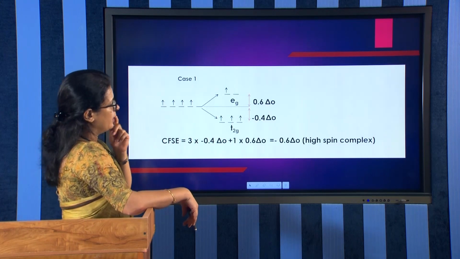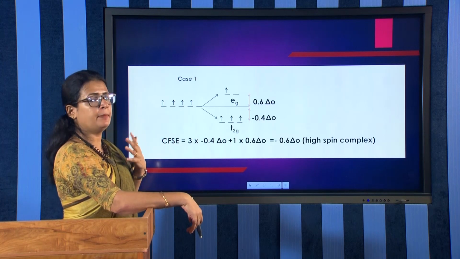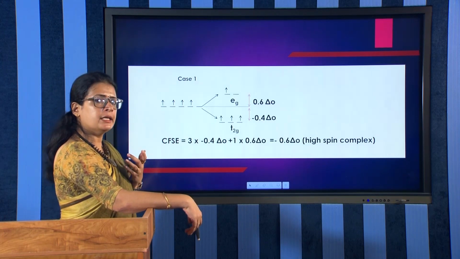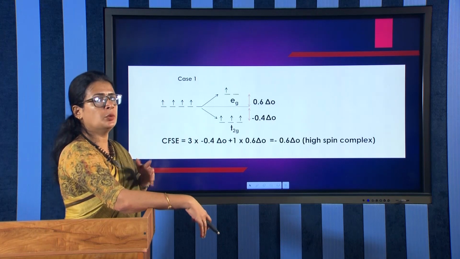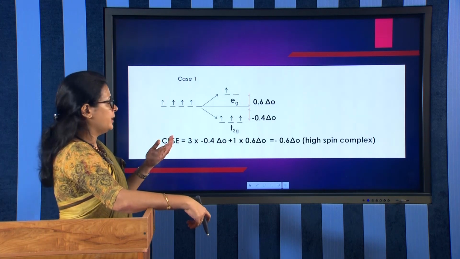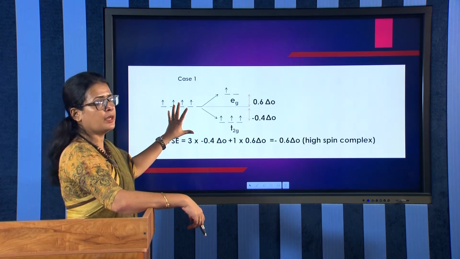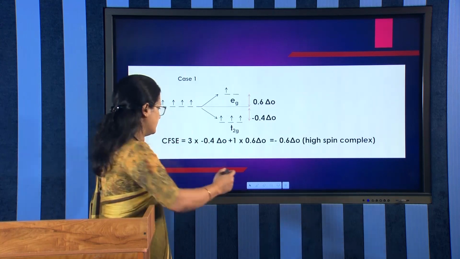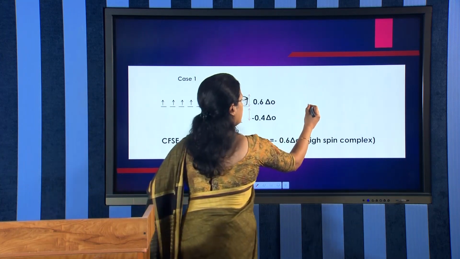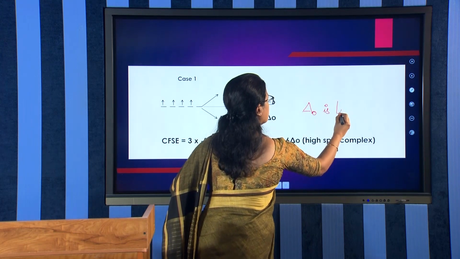It will be depending upon the value of delta O and the pairing energy value. Pairing energy means the energy that should be overcome to pair an electron. I will be explaining it in detail. And while calculating, this is case 1. In case 1, the delta O value is less.